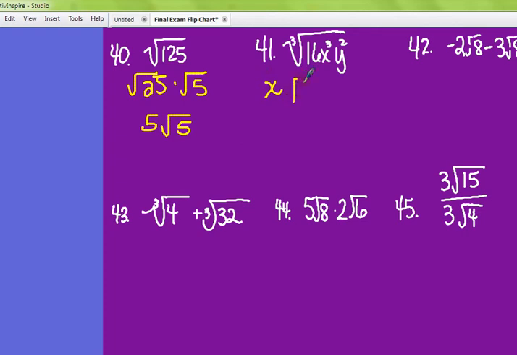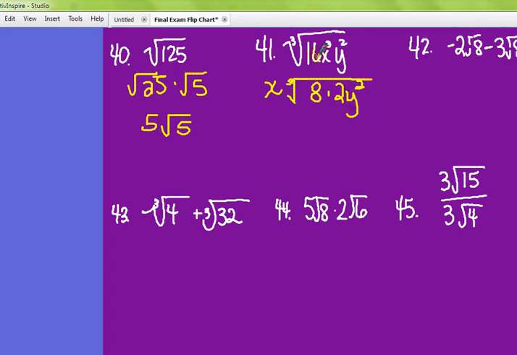And let's work on that 16. 16 actually has a perfect cube of 8 in it. And so that will give me 8 times 2 times the y squared. Now that y squared, folks, is going to have to stay put because we're not going to make it a 3.